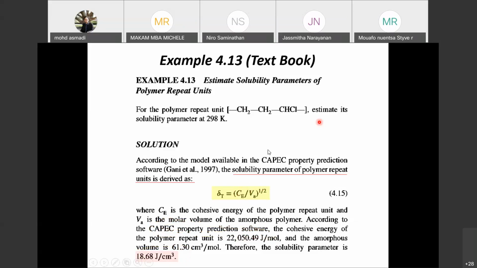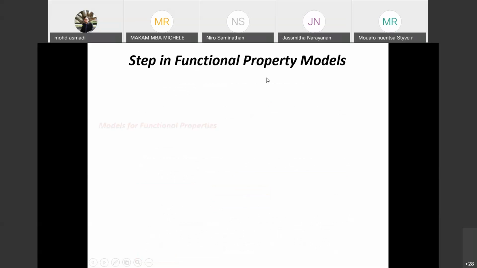Any question about the secondary properties? If no questions, let's move to the functional properties. As I told you, it is a function of the temperature, pressure, as well as the composition.